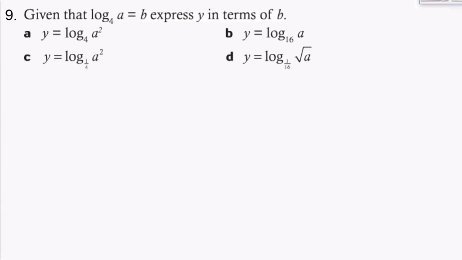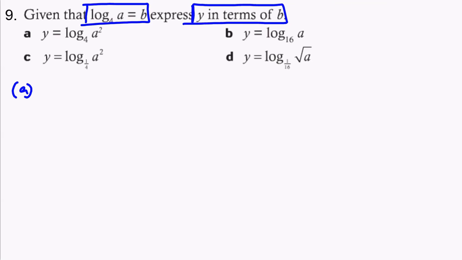Here is another question. Given that log to base 4 of a is b, express y in terms of b. So in part A, I'll try and rewrite this so that I have something similar to what I'm given in that condition. So the first step is I can bring this to the left using the laws of logarithms.